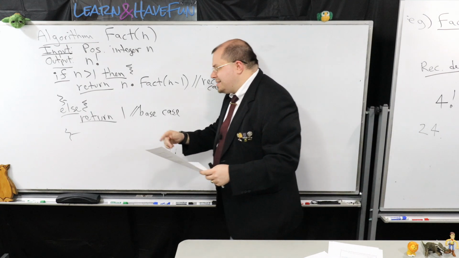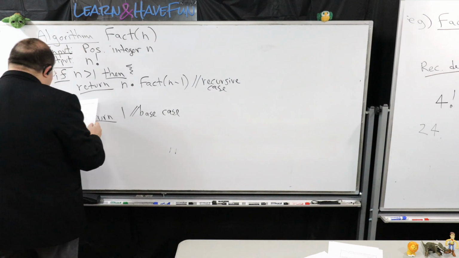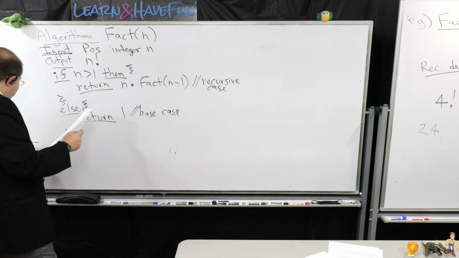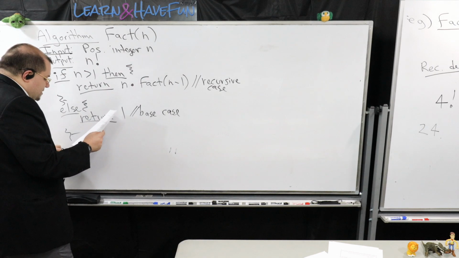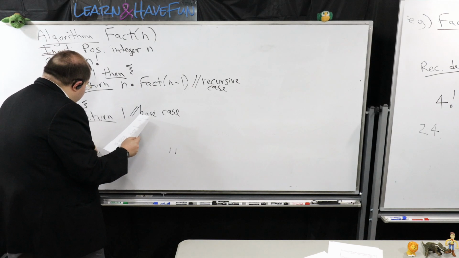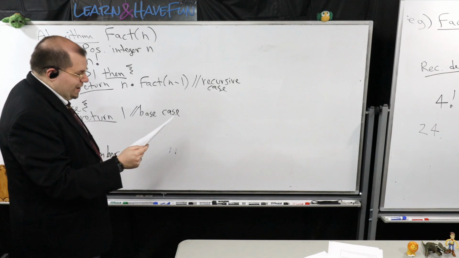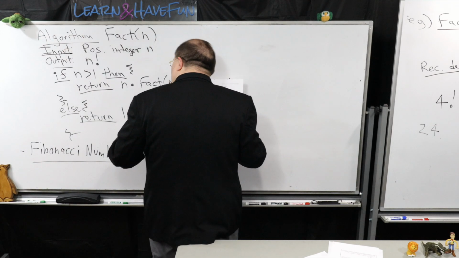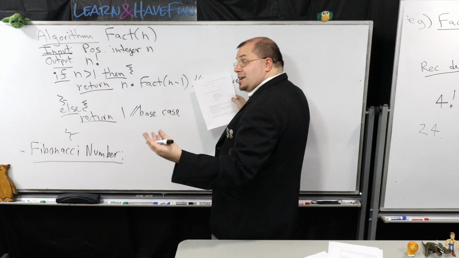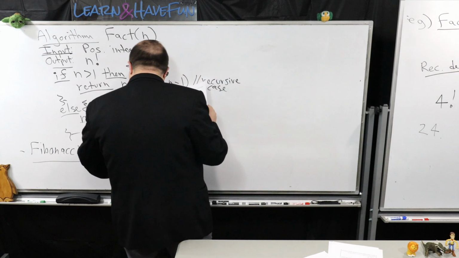So one last example, one quick example, and I'll ask you to take a look in the notes at how you might write out some pseudocode for it, is the Fibonacci numbers. Another classic example. Fibonacci numbers are fascinating. This is a well-known sequence of numbers, and you can define it recursively.